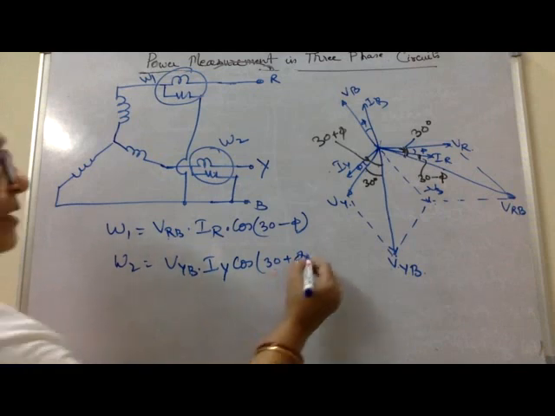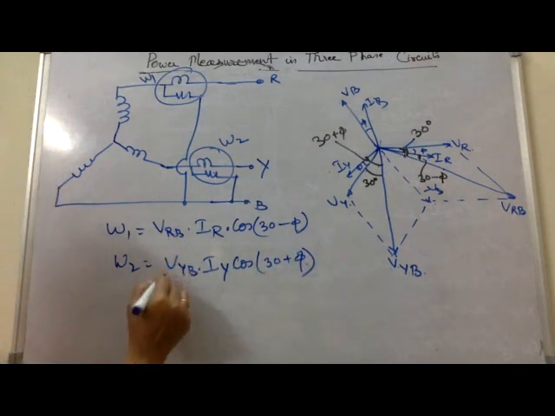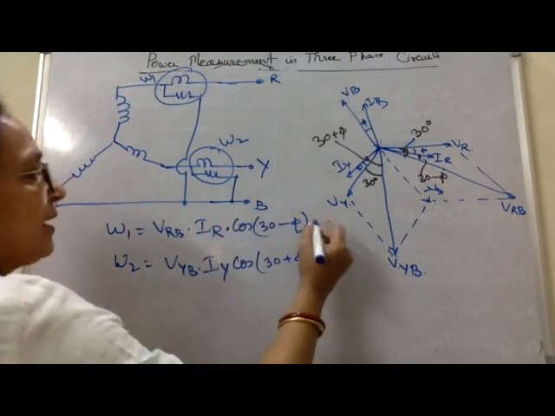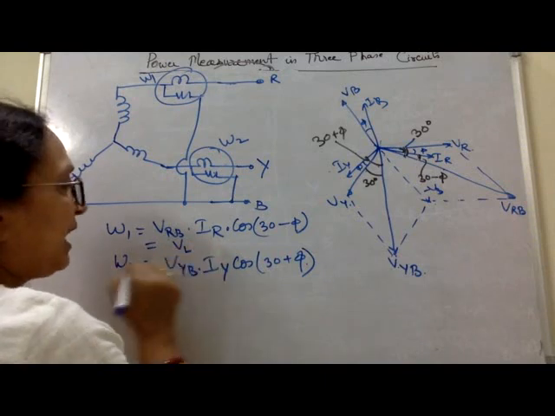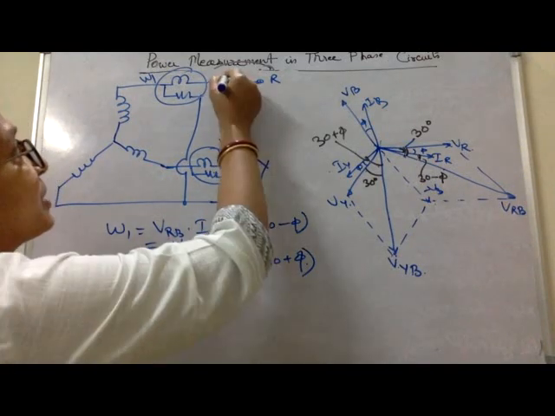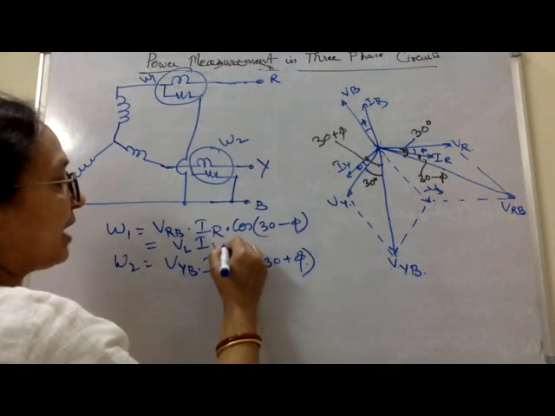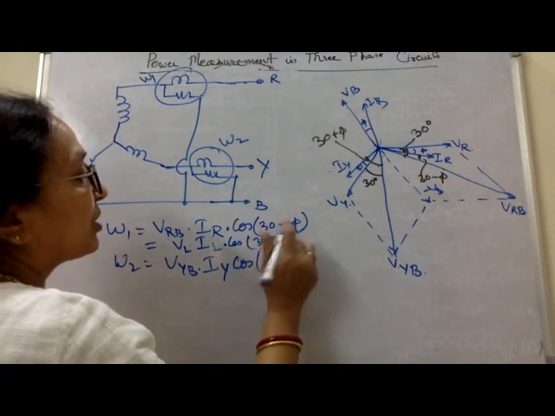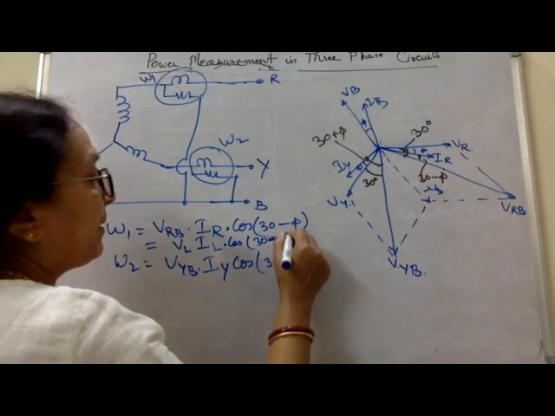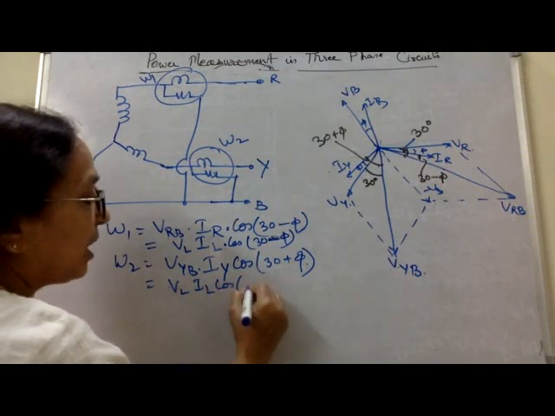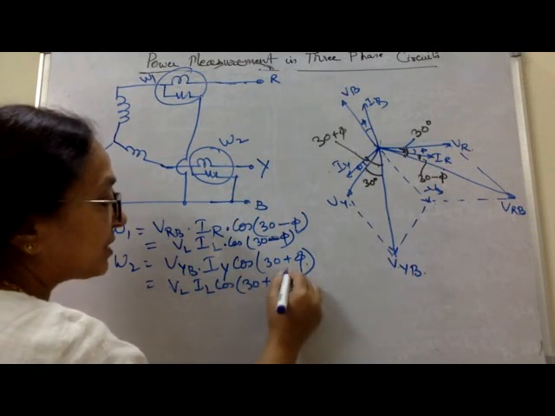Now if it is a balanced load, the magnitude of the line voltages will be equal to VL. So W1 reads VL IL cos (30 minus phi), and W2 reads VL IL cos (30 plus phi).